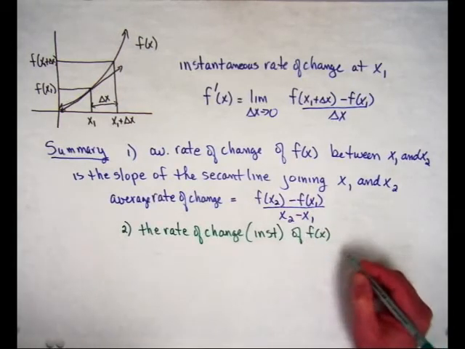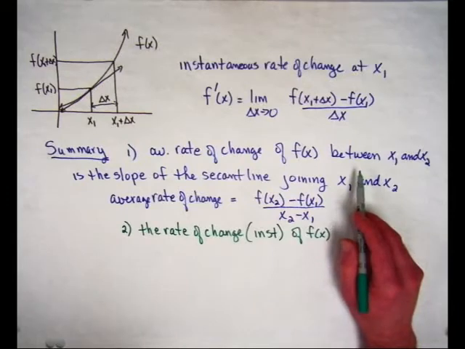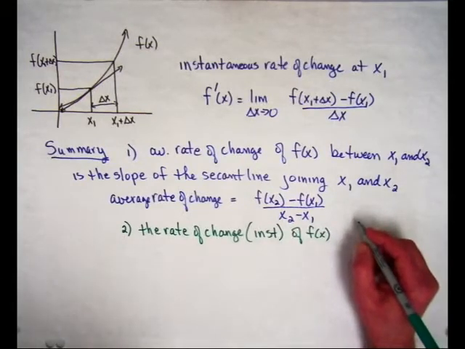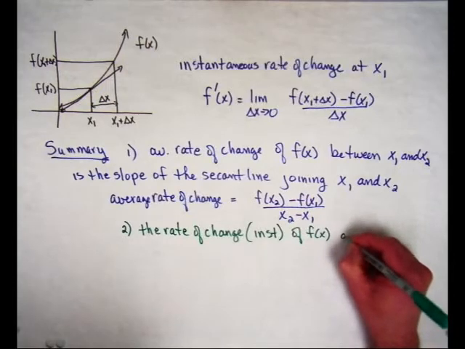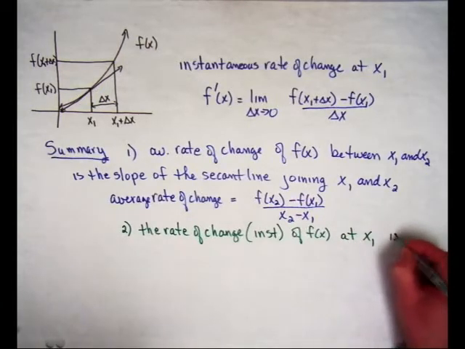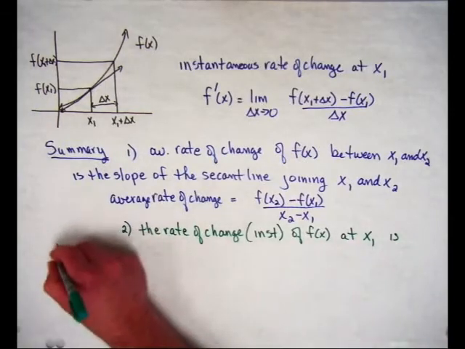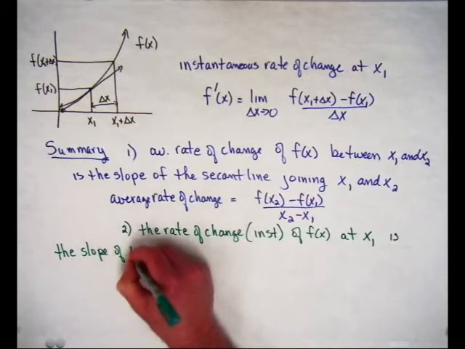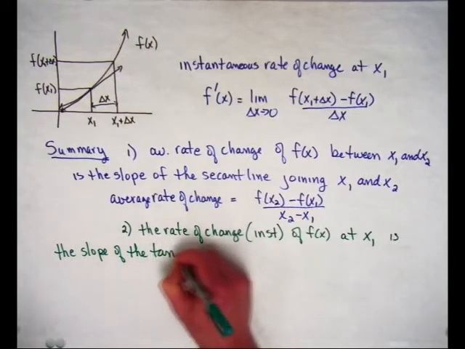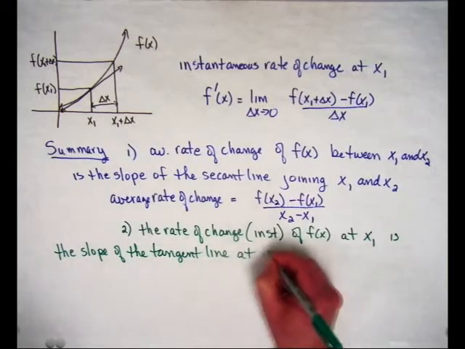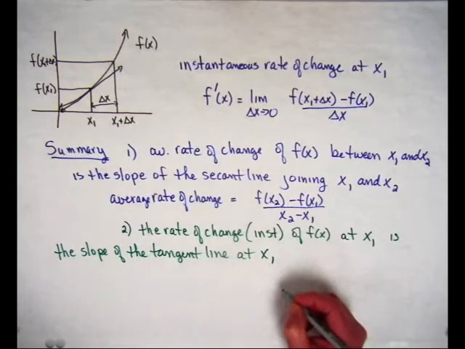Now the difference here is instead of finding the average between 2 points, the instantaneous rate of change of a function is at a point. So the rate of change of f of x at the point x1 is the slope of the tangent line at x1.